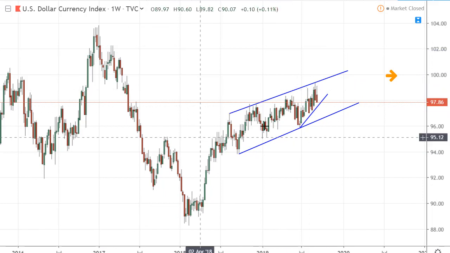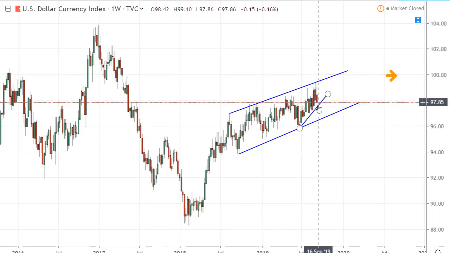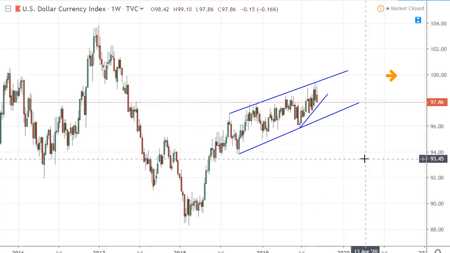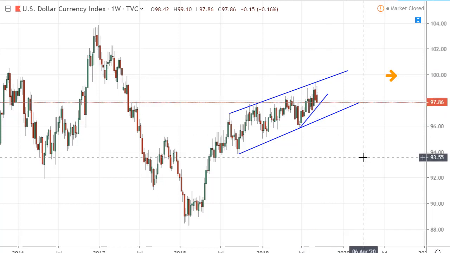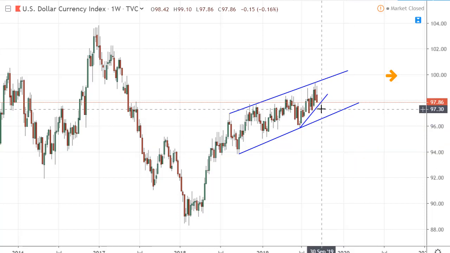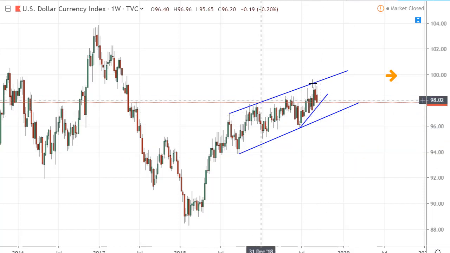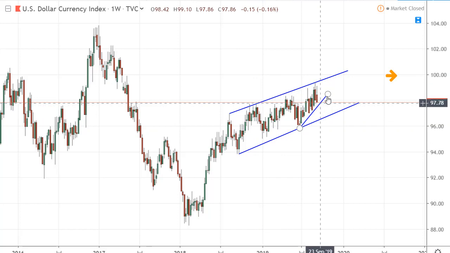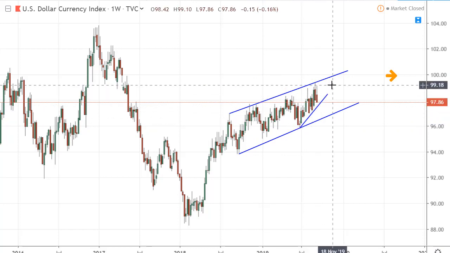So right now we are in this channel rejection again, and we are finishing the week with a strong bearish candle. Don't get too enthusiastic. Still we are within the channel, of course, in an upward moving channel.